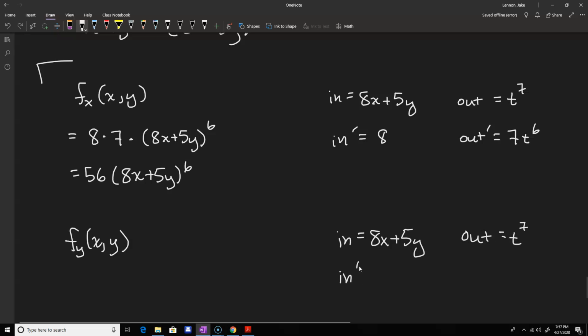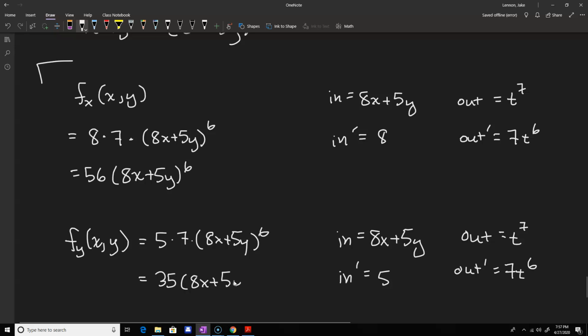However, for the derivative of the inside, now we're taking the y partial, so this becomes 5, and the derivative of the outside is still 7t to the 6th. So rather than multiplying by 8, now we're multiplying by 5. So we end up with 5 times 7, then change t back to 8x plus 5y, and this is raised to the 6th power. So your y partial derivative is just going to be 35 times 8x plus 5y to the 6th.